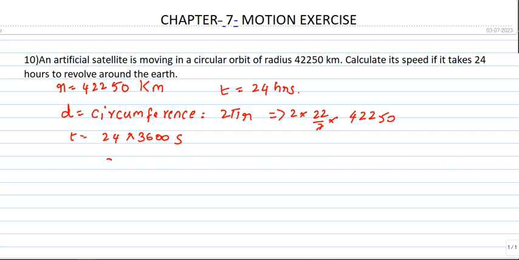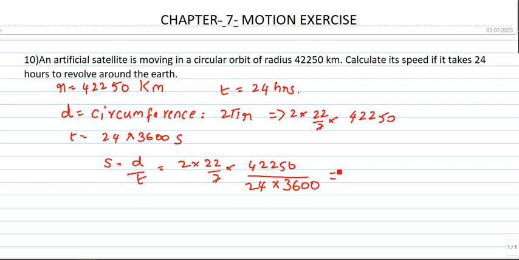So we have to find the speed. Speed is equal to distance by time. So we have 2 into 22 by 7 into 42,250 divided by 24 into 3600.